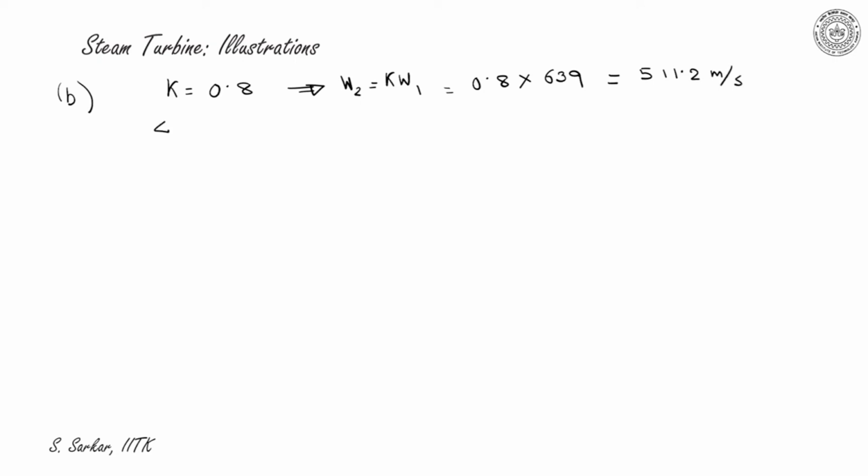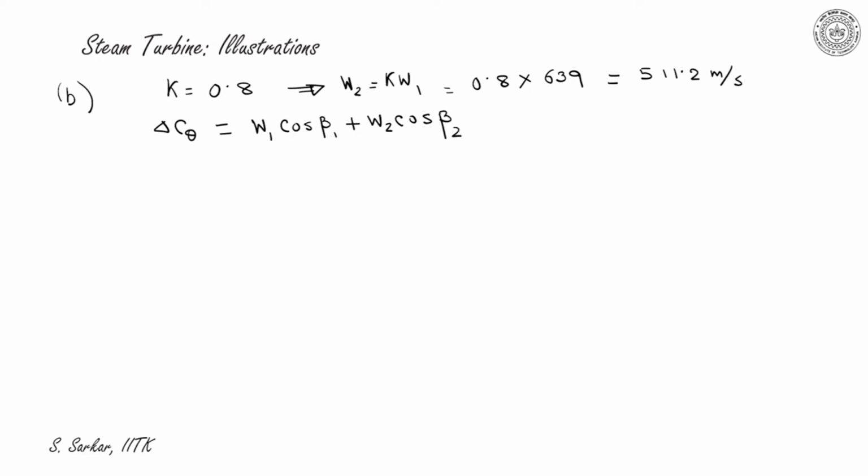Hence del C theta, considering the velocity triangle, would be equal to W1 cos beta 1 plus W2 cos beta 2.